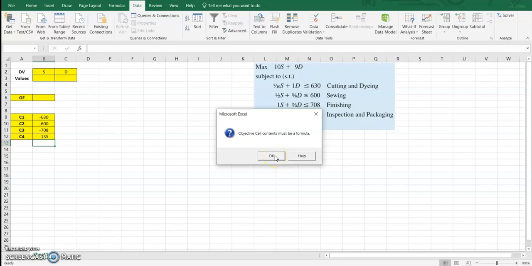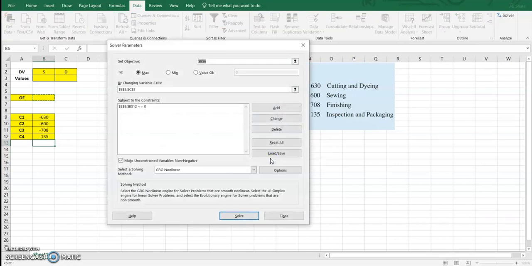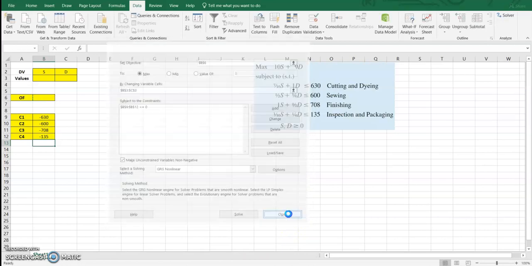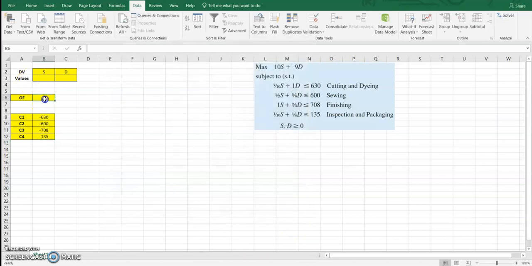Okay, it says objective cell contents must be a formula. I guess I put a formula. Let's check it. Here it is empty. But as far as I remember, I put it over there. Maybe I mistakenly deleted it.